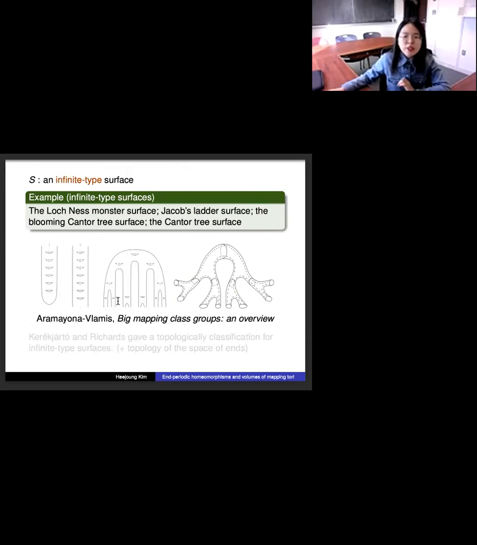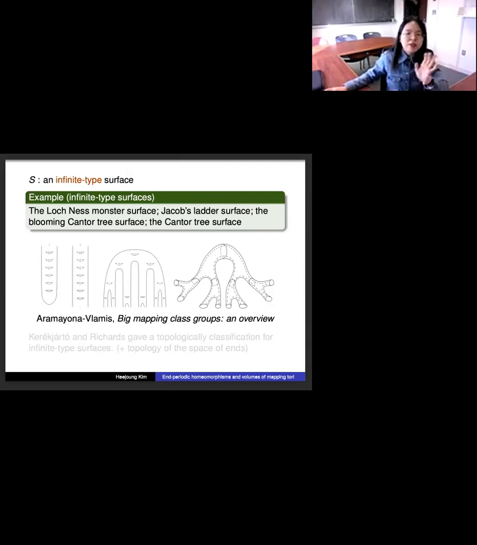The third one is the blooming Cantor tree surface, which has infinite genus, and the space of ends is a Cantor space. And the last one, the Cantor tree surface, is the planar surface, meaning not accumulated by genus, and whose space of ends is a Cantor space.